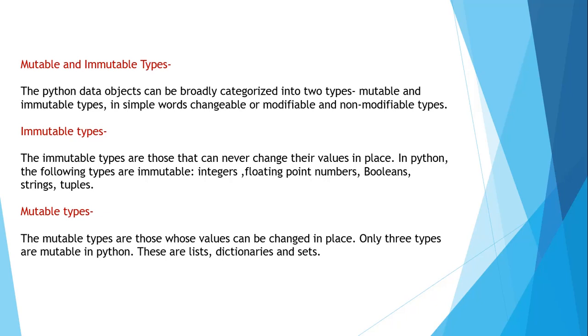Most of the data types fall in the immutable types, and only three, the list, dictionary, and set, fall under the category of mutable types.